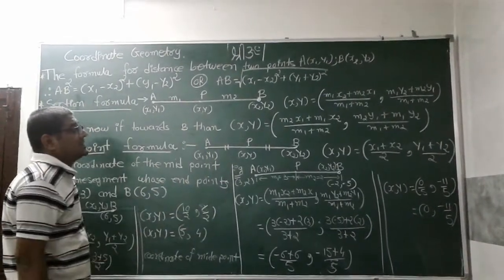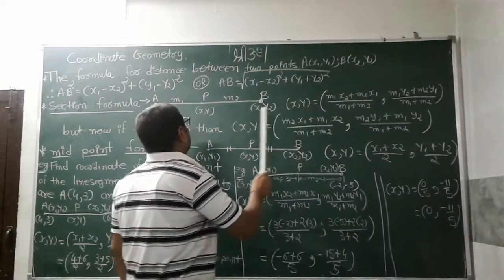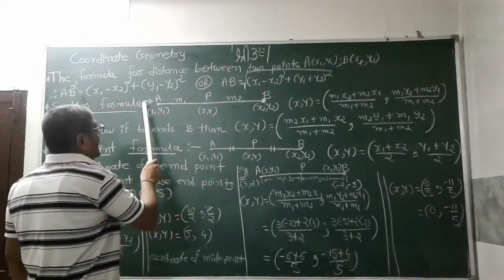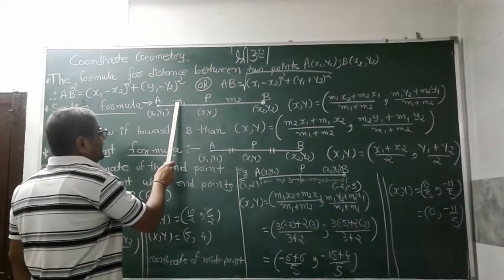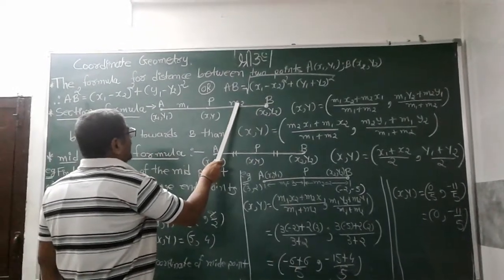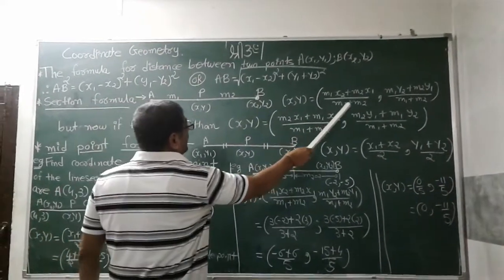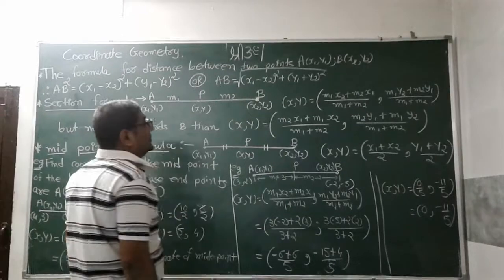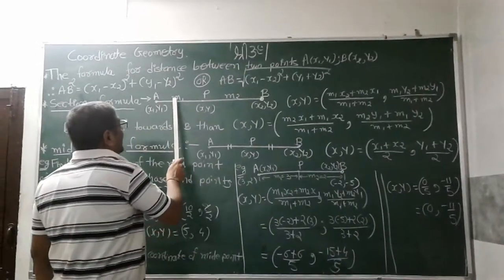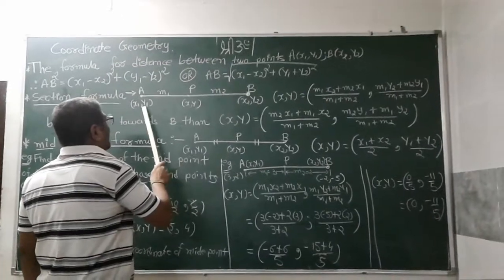So according to the section formula, if it is towards point A, then we first take (m1 x2 plus m2 x1) whole upon (m1 plus m2). Now for the y coordinate, (m1 y2 plus m2 y1) upon (m1 plus m2).